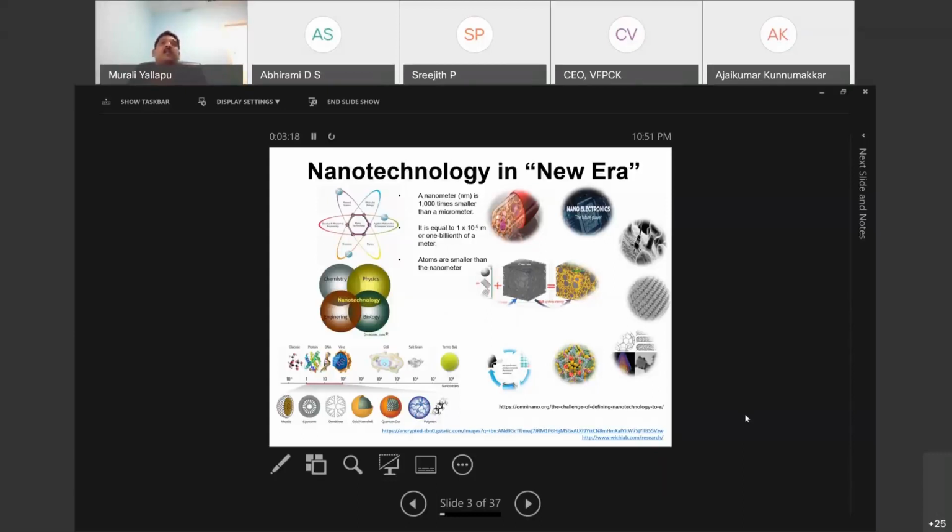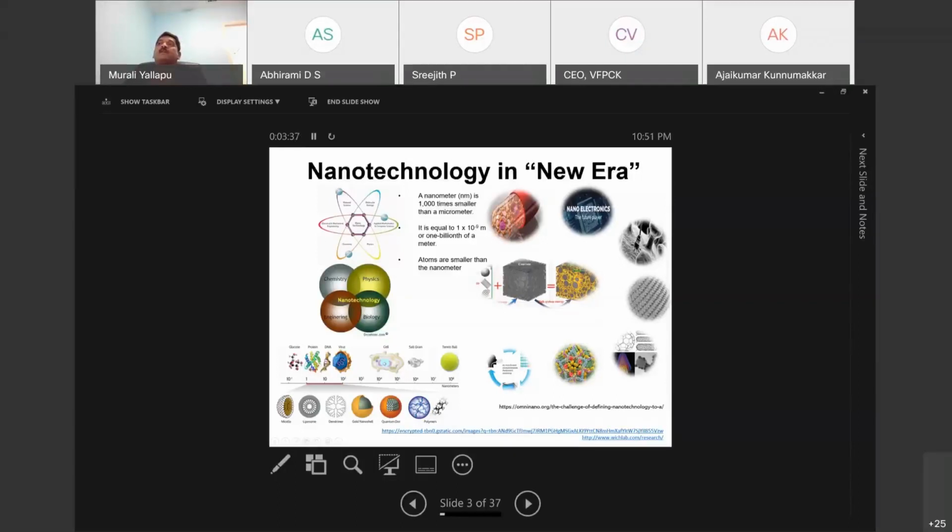So nanotechnology in terms of dimensions, you can clearly visualize. Small molecules such as glucose are about 10 to the power minus 1 nanometer, and you can scale up the various materials from protein to virus.